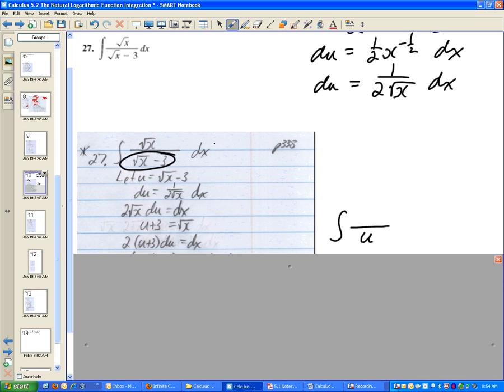The dx, let's make sure I get this right. The dx can be replaced with 2 times u plus 3 du. Okay? Oh yeah, I was supposed to replace that with something. Sorry, I messed it up a while ago, didn't I? I forgot about that extra.